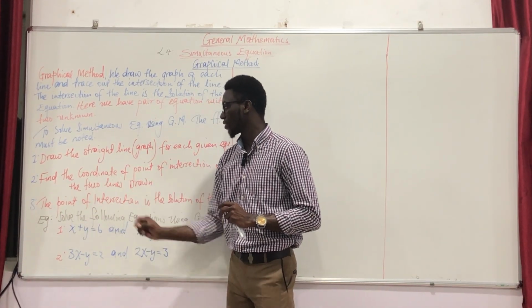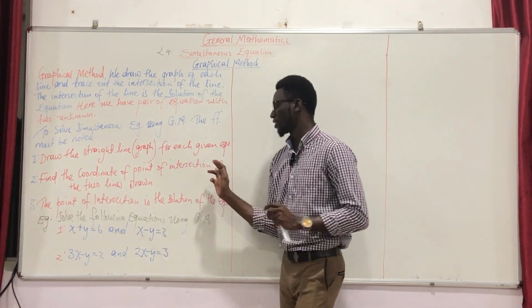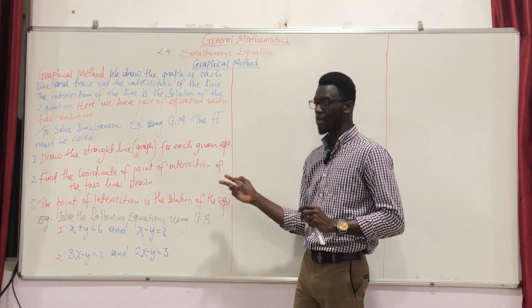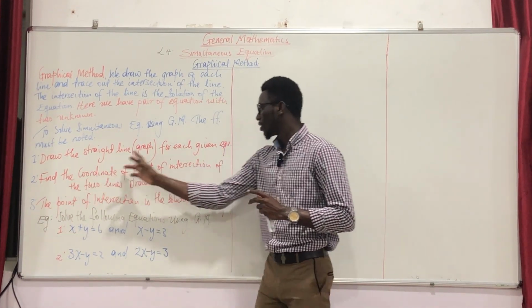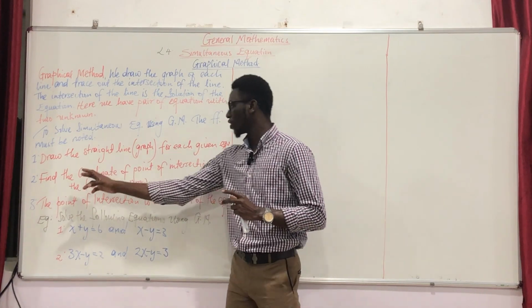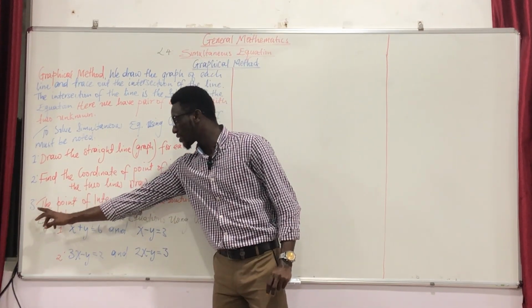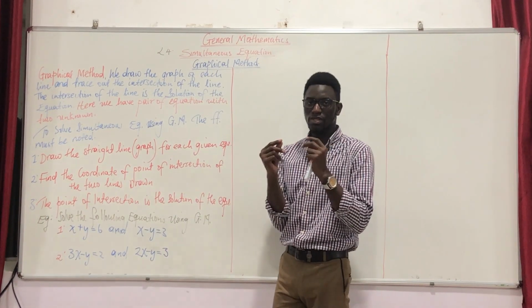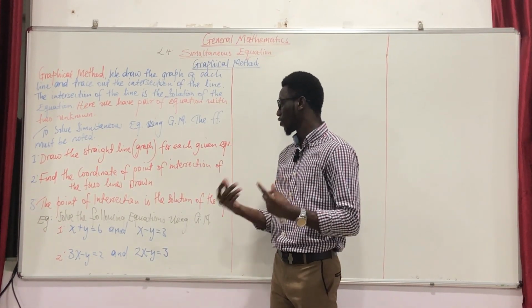The second point says, find the coordinates of the point of intersection. These can be the x or y coordinates. We find the intersection of the two lines we have drawn. Then the third point says, the point of intersection is the solution of the equation.